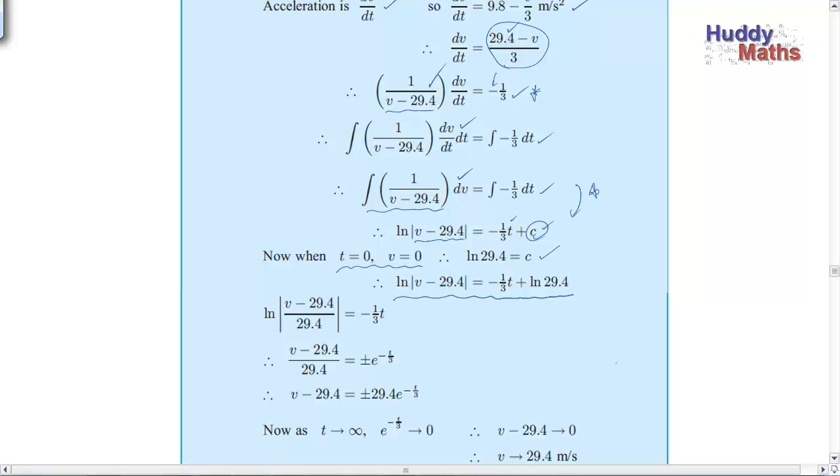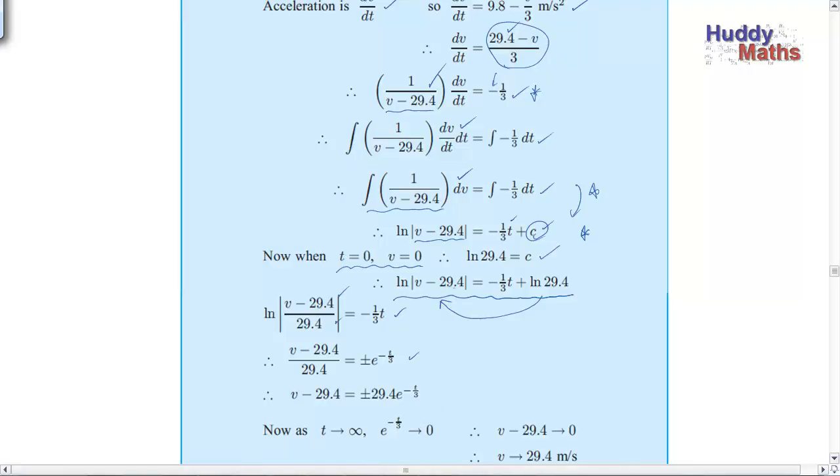So we can evaluate it there and then bring this across, so you're subtracting it, so therefore you're doing a division. Subtraction of logs is a division, equals neg 1/3 t. So that's a little bit of a trick there, before rearranging this into e's to evaluate the c. Okay, you see that trick? Rather than go down here and get it all in e's, it would be better to do it back there.